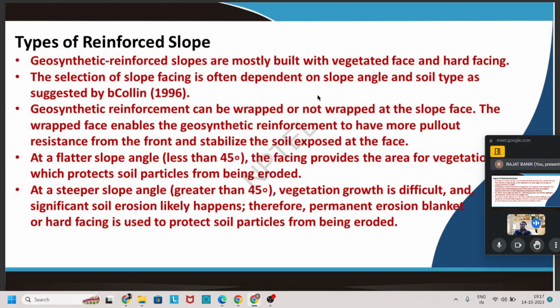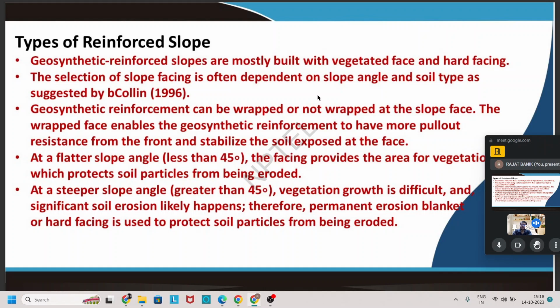Then it is said that geosynthetic reinforcement can be wrapped or not wrapped at the slope face. The wrapped face enables the geosynthetic reinforcement to have more pull-out resistance from the front and stabilize the soil exposed at the face.